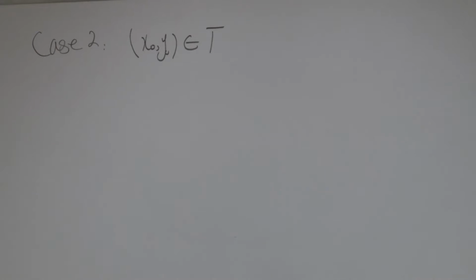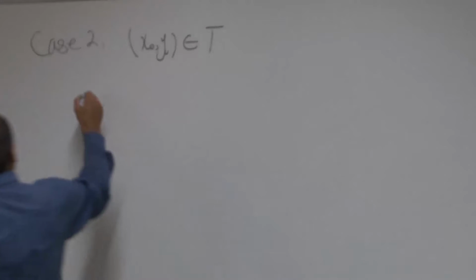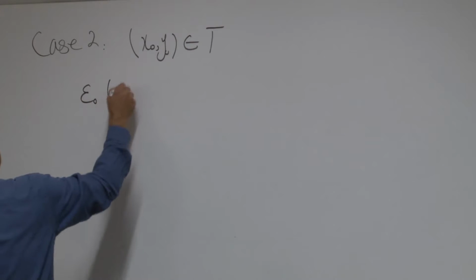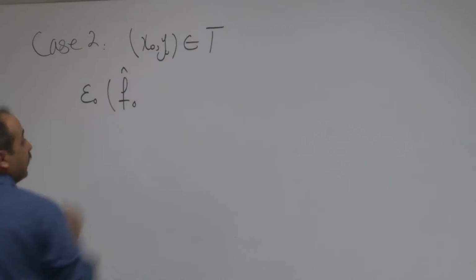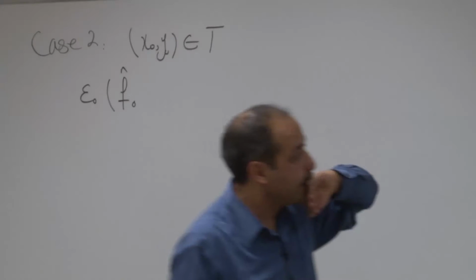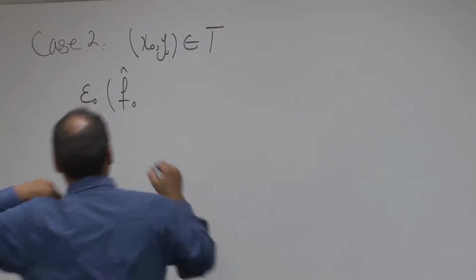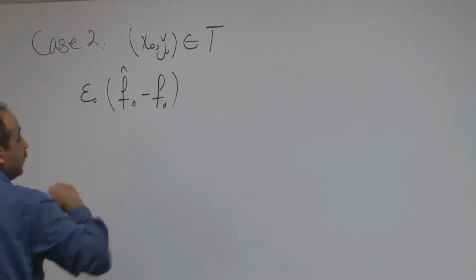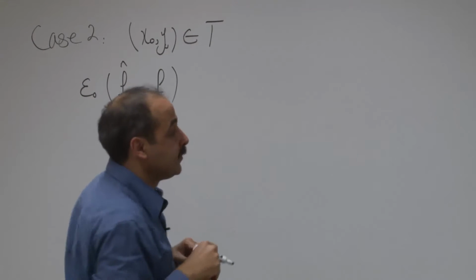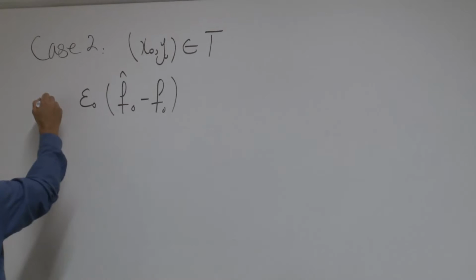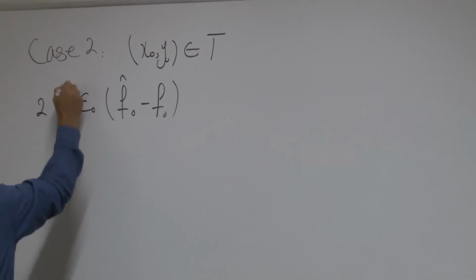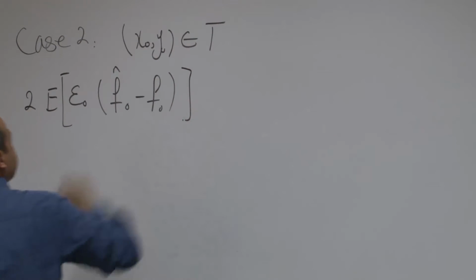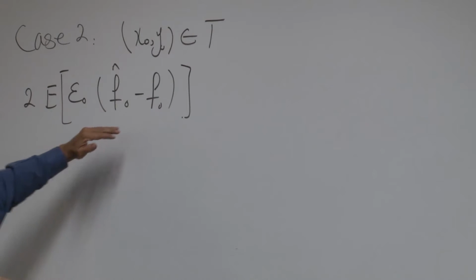We can't claim that f hat is independent from the observation. So epsilon times this is not 0 anymore. So we need to estimate this term.